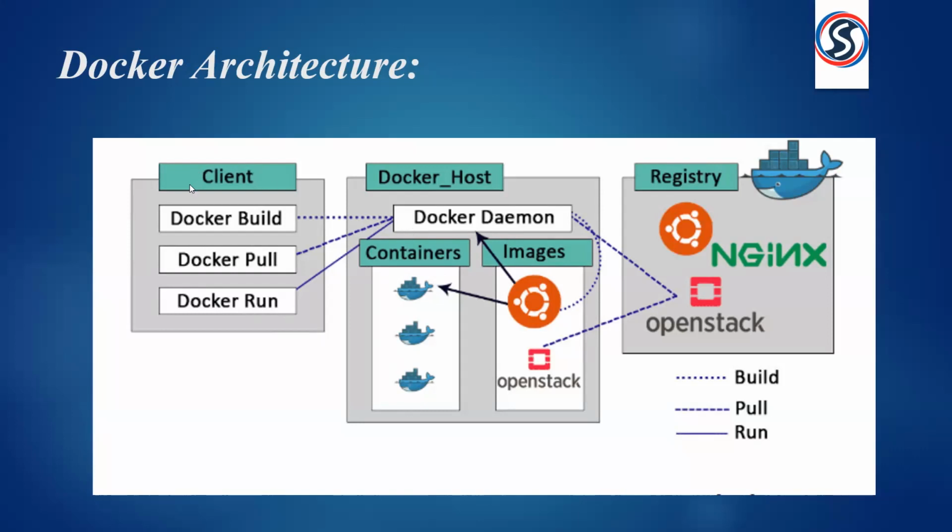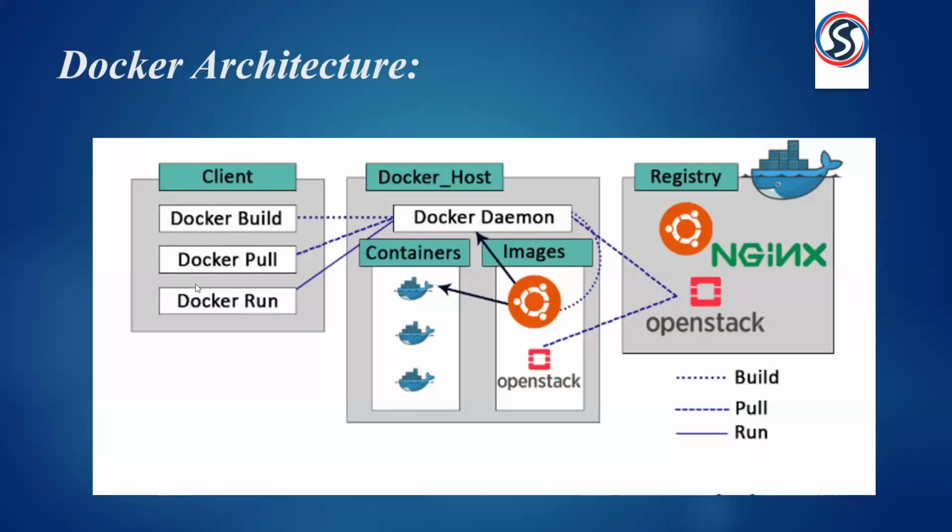Then the Docker client and the daemon can run on the same system, or you can connect this Docker client with a remote Docker daemon also. Okay, so these two may work in the same environment, in the same system.